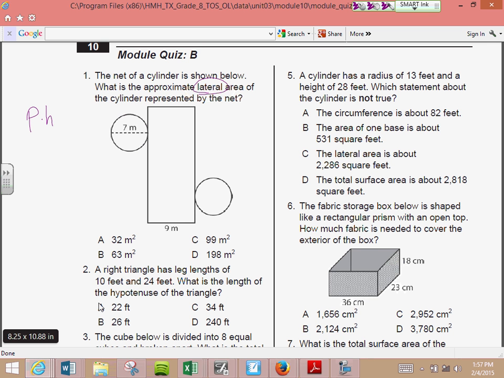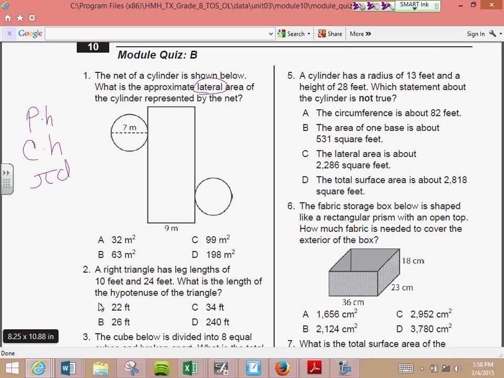But anyway, for this it would be circumference. I need your attention. I hope this got your attention now. Multiply it by the height. How do I find the circumference of that figure? I said circumference. Pi times diameter, right?